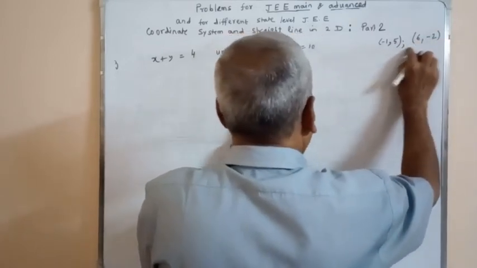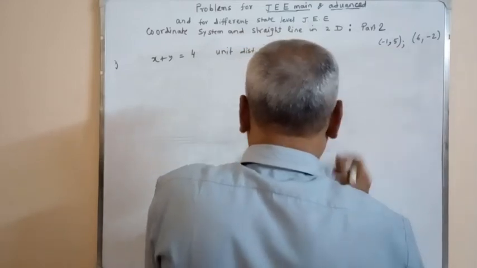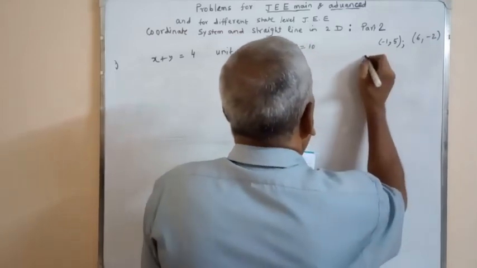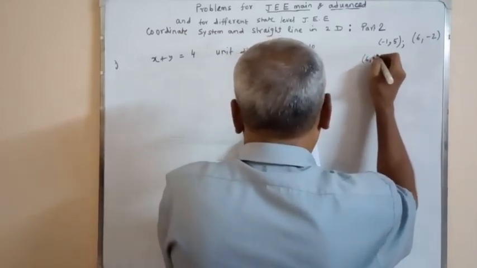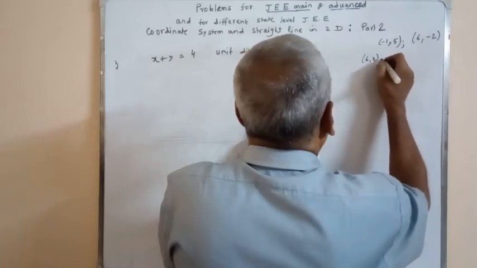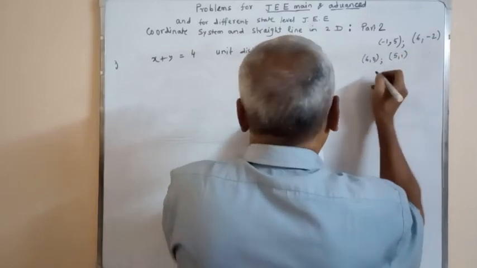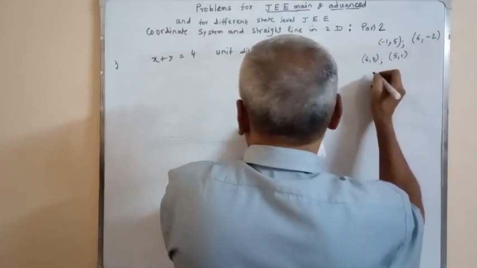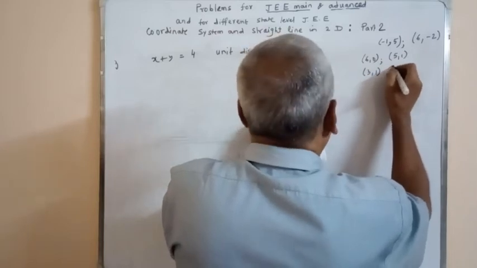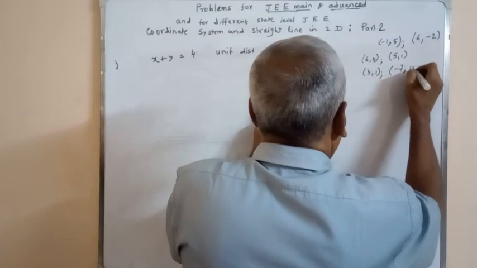Two points. First option is this. Second option is 6, 0, and 5, 1. Third option is 3, 1 and -7, 11.